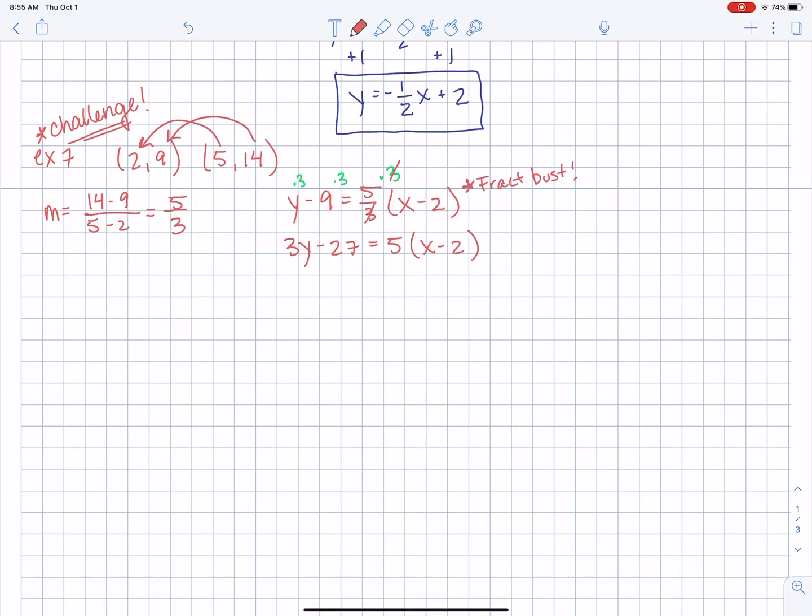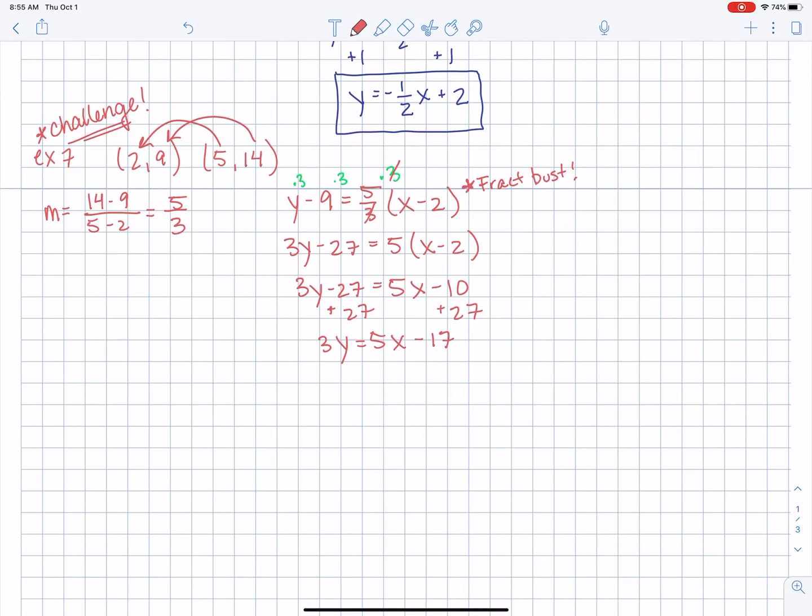So now it's just the same steps as before, but we are going to have to go back and divide by 3 at the very end. So add 27 to both sides. 3y is equal to 5x minus 17.